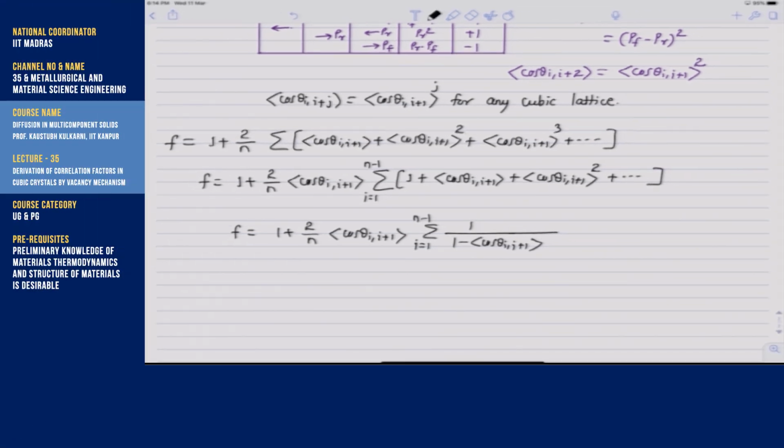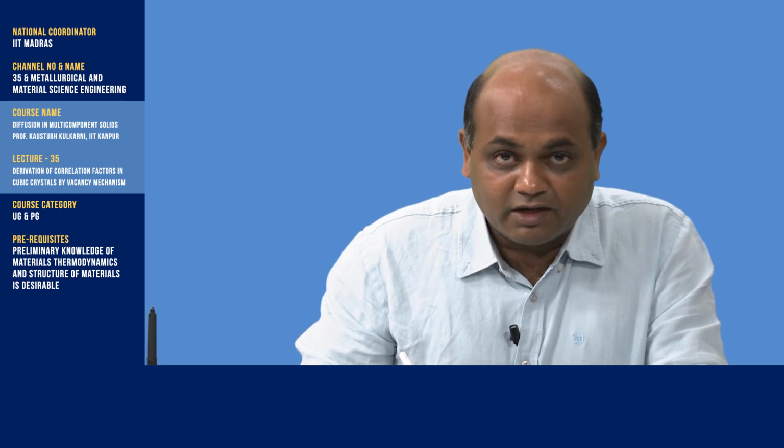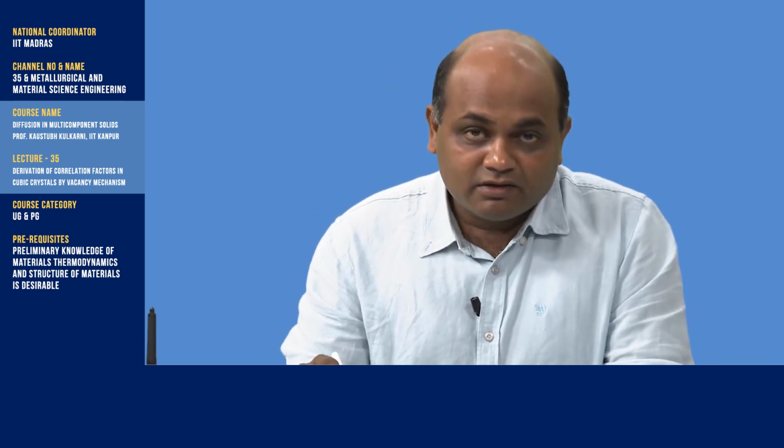Now, as I said earlier, as n tends to infinity, or for large values of n, the average of cos theta i+1 would be independent of i. That means it should not matter which pair of successive jumps we are considering; the average of cosine between the two successive jumps will be the same for any pair, the average taken over all the atoms.